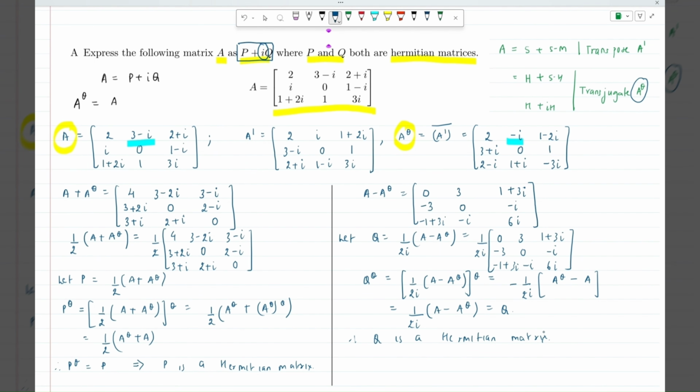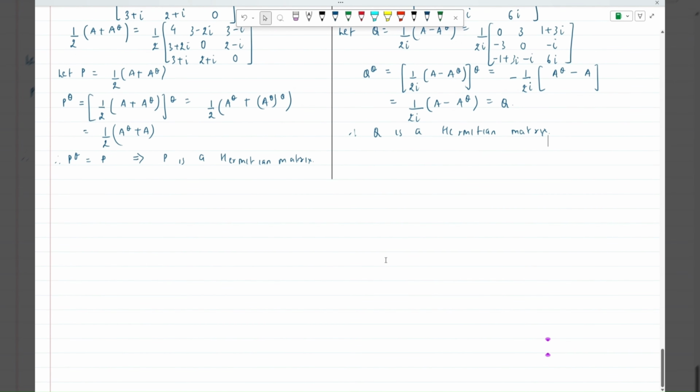Now for the next part, we are only left to write down the expression. So we will say, consider P plus iQ. So we have already written what P is.